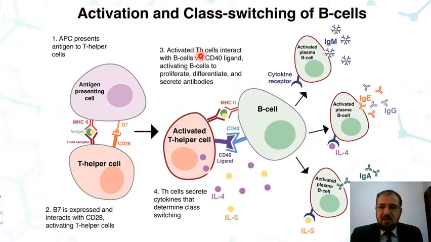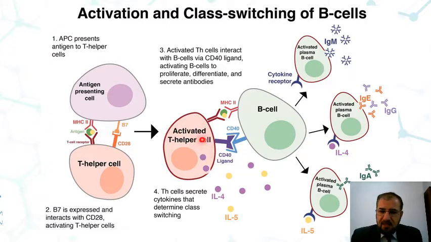So the activated T helper cell interacts with B cells via the CD40 ligand, activating B cells to proliferate, differentiate, and secrete antibodies. As you know, B cells get help from T cells through CD40 and CD40 ligand: CD40 on the B cell, CD40 ligand on the T cell.